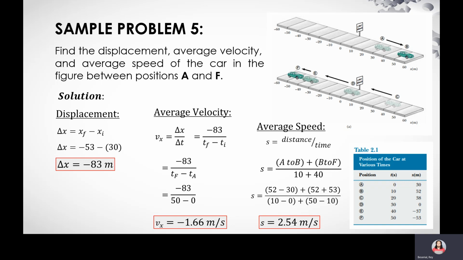Its position or displacement is 30, position lamang. Its position is 30 meters. And then at point B, at 10 seconds, it is at 52 meters. And then after it reached point B, it drove towards the west. Okay?